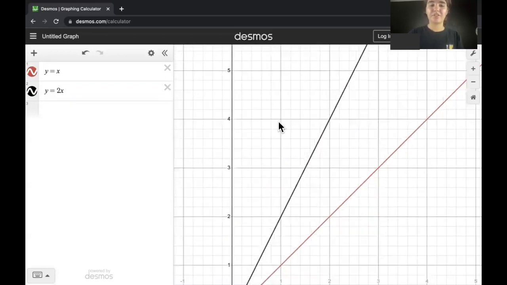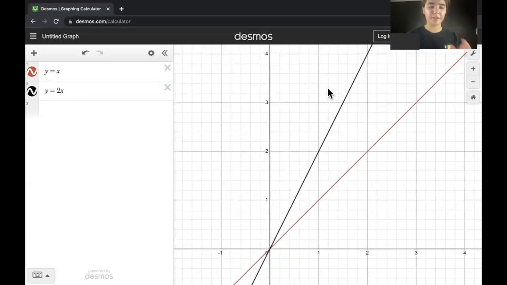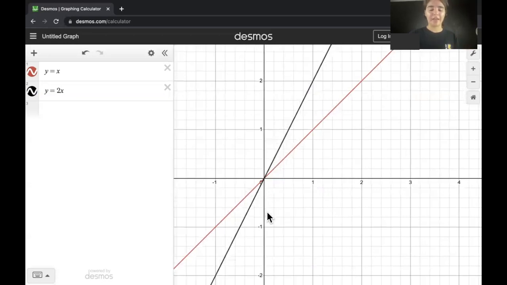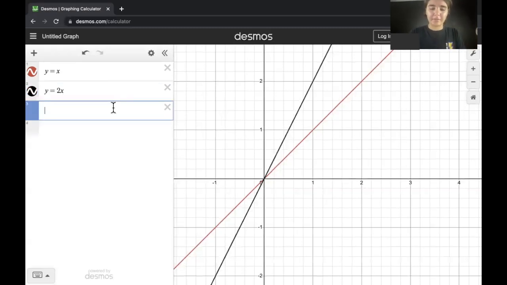But if we plug in 2 on y equals 2x, then it's going to be 4. So basically, all this means is that y is going to be 2 times whatever value we plug in for x. And because of that, there are infinite points that we can plug in, meaning it forms a straight line.